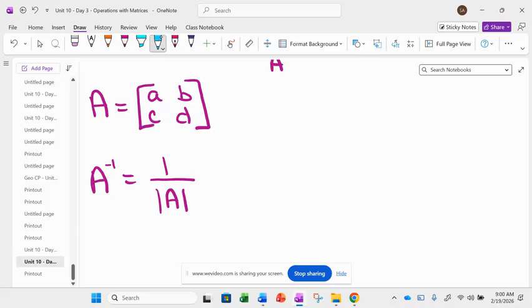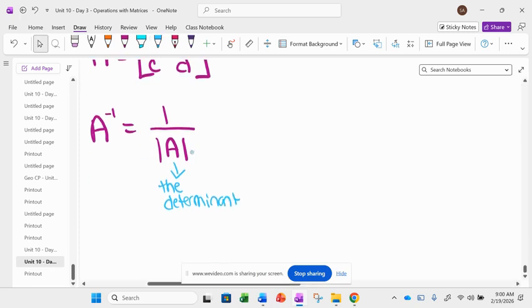The determinant. So this is saying 1 over the determinant of A times.